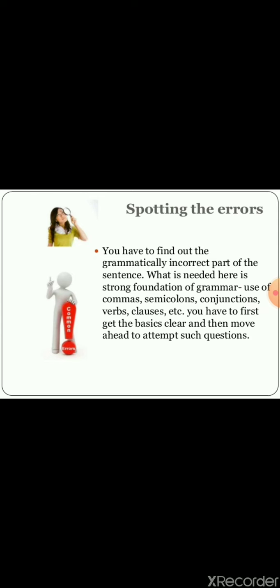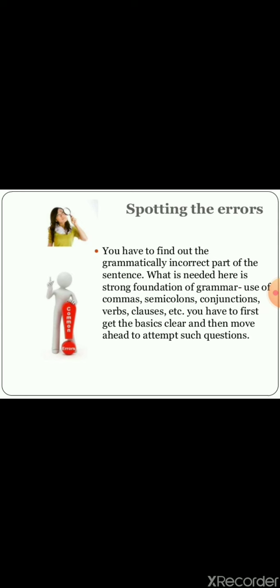She is not searching for something, she is just indicating we need to search for the error in the sentence, like the magnifying glass. We use a magnifying glass when things are not clear. In the same way, the sentence will look complete, grammatically full, without any error, but you need to find the error hidden in it, and for that you need to be well versed in the basics of grammar.